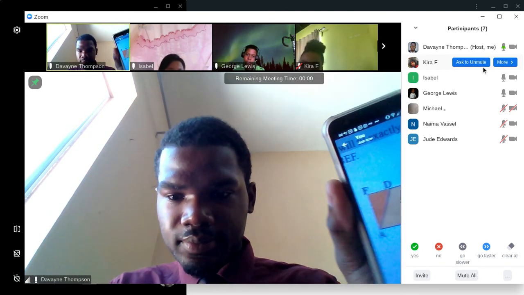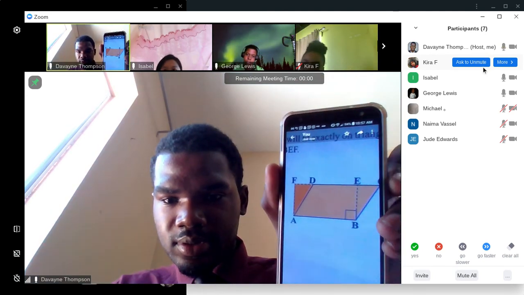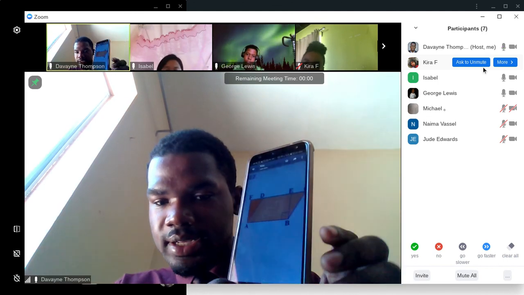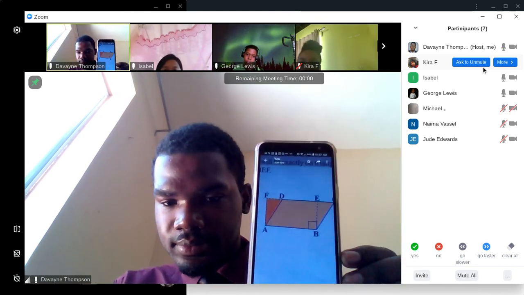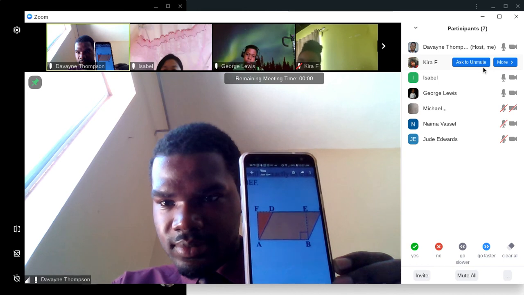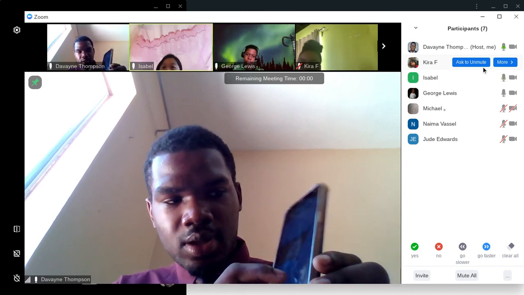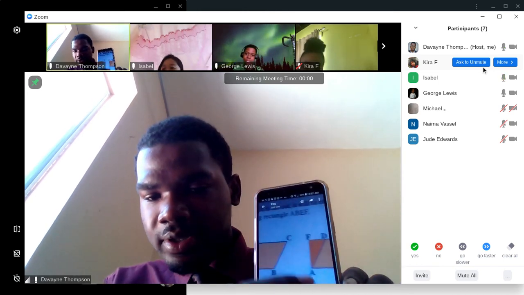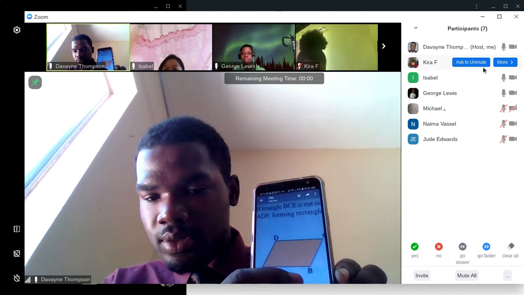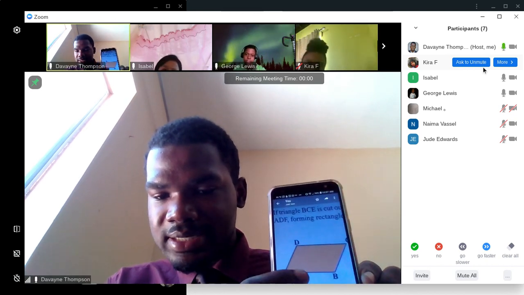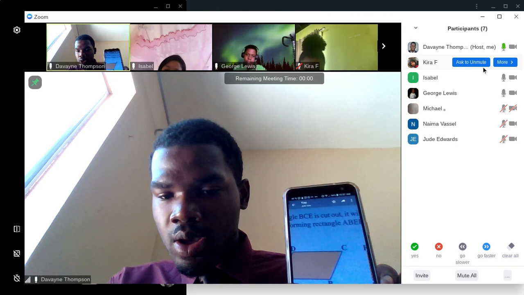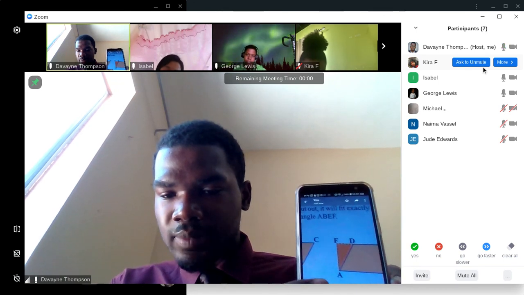There we go. Alright. Can you guys see that? So can you please repeat the question? Look at the diagram for this one. A, B, C, D. Right? What did we add to this diagram that is completely different?